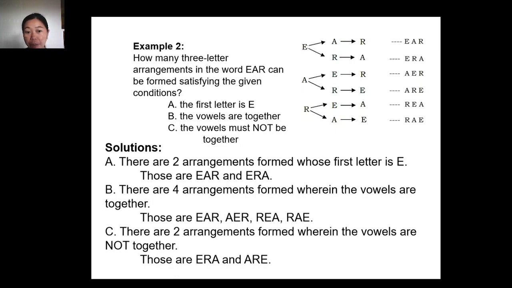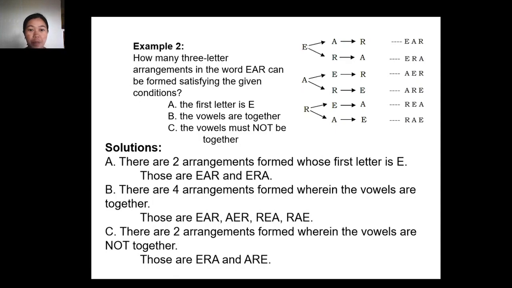So, those are E-A-R, A-E-R, then R-E-A, and R-A-E. So, yung first 2, vowels nasa unahan, dalawang result. And then, yung another 2, vowels sa magkatabi sa huli. So, the result is 4. So, we have 4 arrangements wherein the vowels are together.